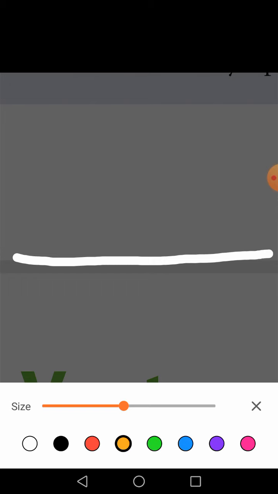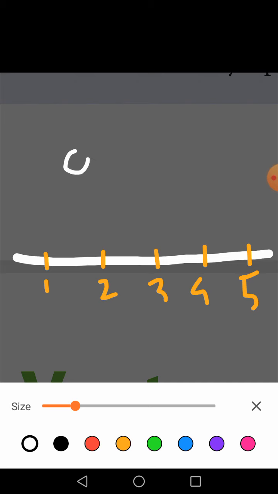Now, this is 1, this is 2, this is 3, this is 4, this is 5. Okay. Now, consider that you are walking like this. Okay, so you are walking like this.